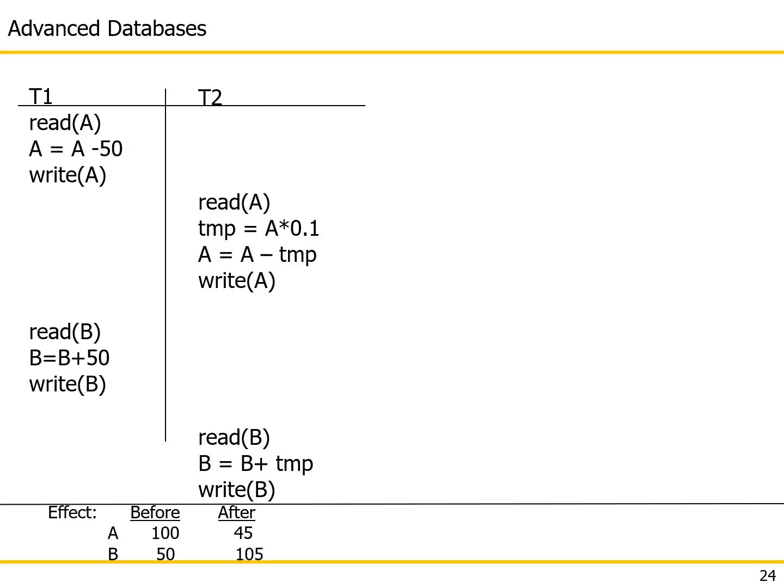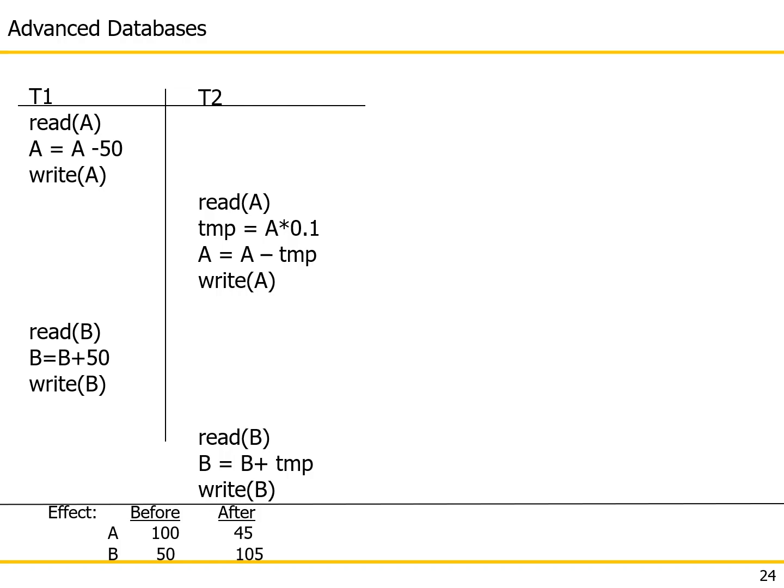So this is an example of a serializable schedule, since it produces an output that is the same as running T1 followed by T2. In terms of the stream of reads and writes that will be produced by the scheduler, it's going to be like this.